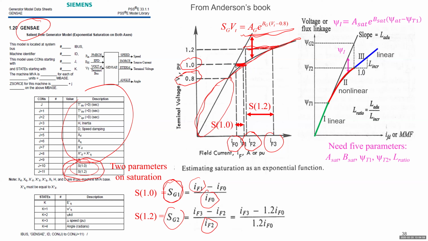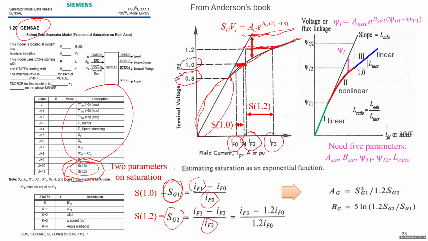Okay, so only the part in the middle will be modeled by this exponential function. So we assume psi t1 is about 80% of the nominal flux linkage, and psi t2 is assumed to be about 20% higher than the nominal flux linkage.